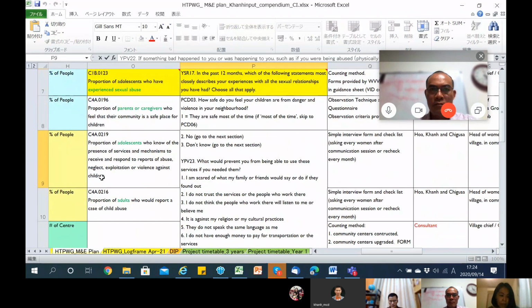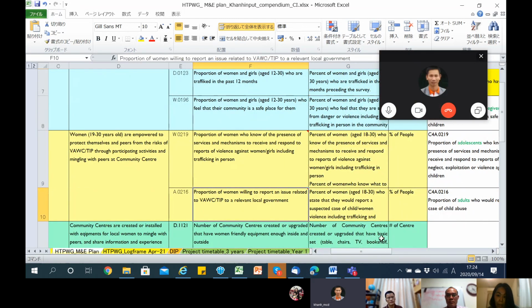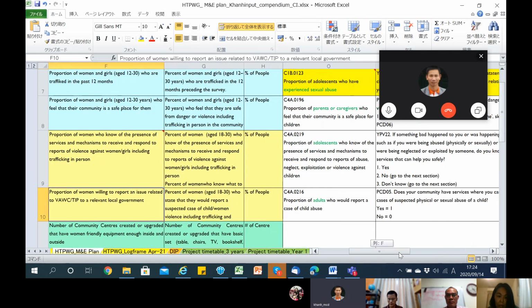So this is a question we have, the second indicator for the same activity. Can we wait a moment for this question? Mr. Quang, do you have any comment on whether, if you ask a question like this, the women can understand and answer? Is there a way to convert it to simpler Vietnamese, with more common words?